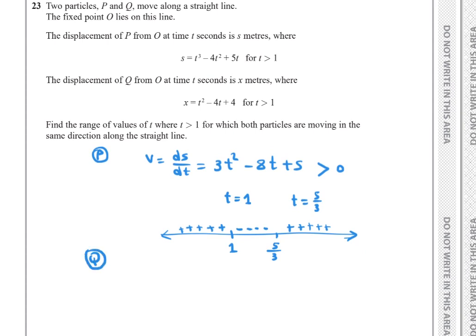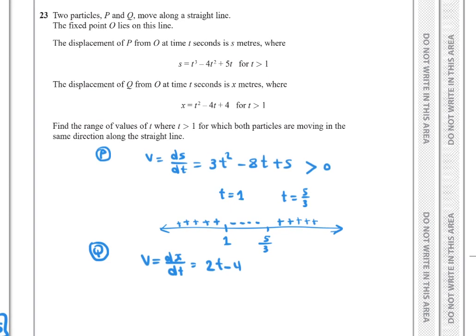Particle Q, v equals dx over dt, so 2t minus 4. Now this velocity will be more than 0 if 2t is more than 4.